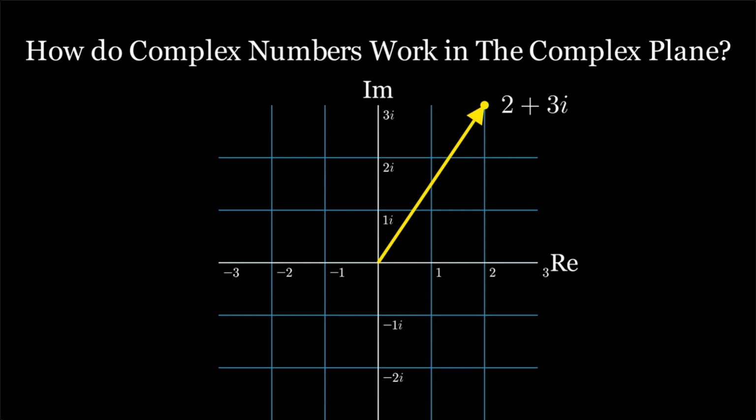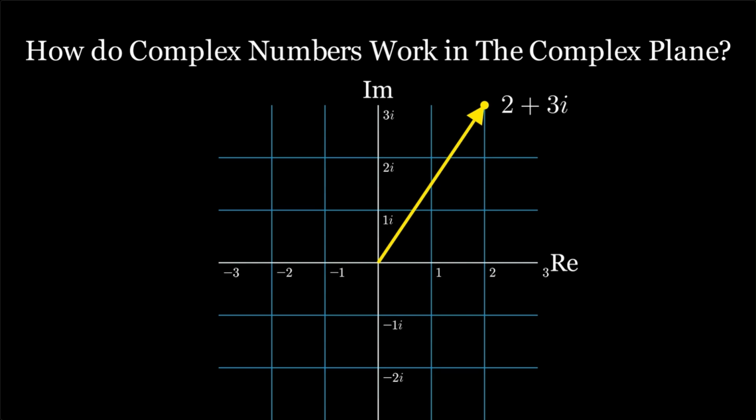I think we all know how the complex plane works. Our vertical axis will be our imaginary line, and our horizontal axis will be our real number line. So say we want to graph the complex number 2 plus 3i. We go to the right 2 in the real number line and up 3 in the imaginary line.